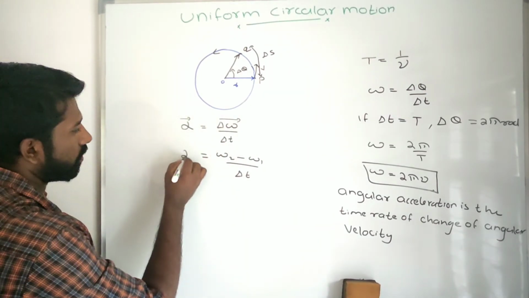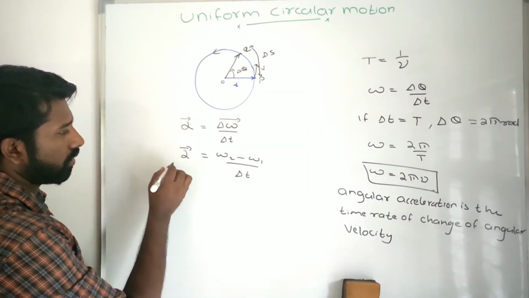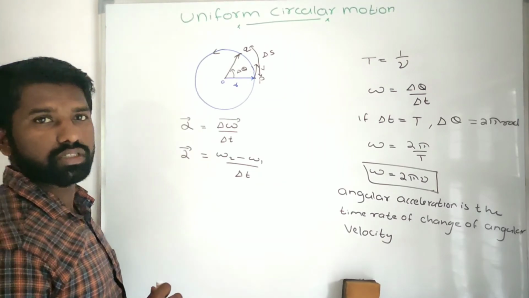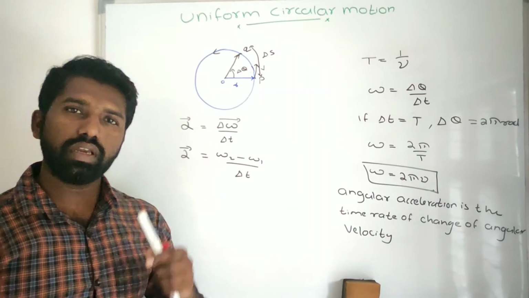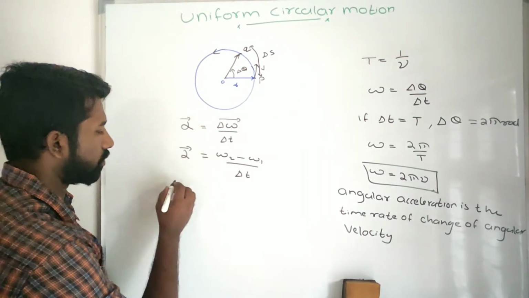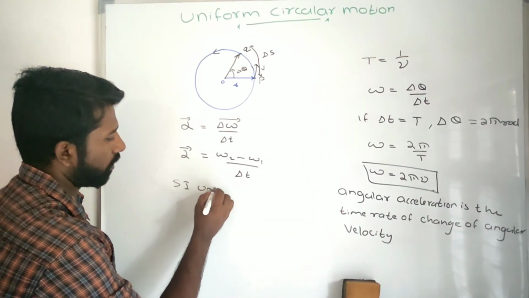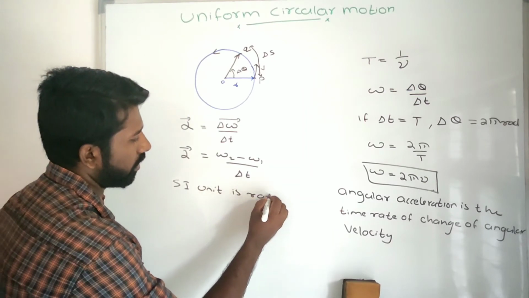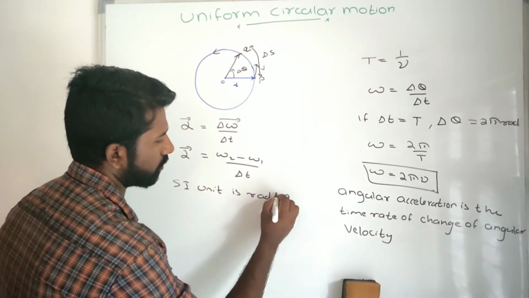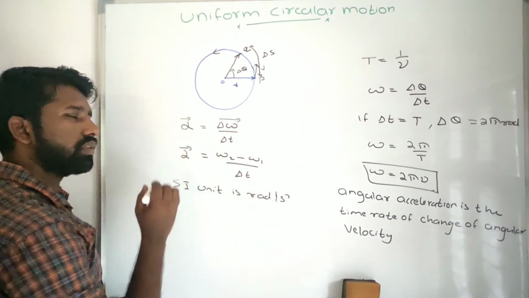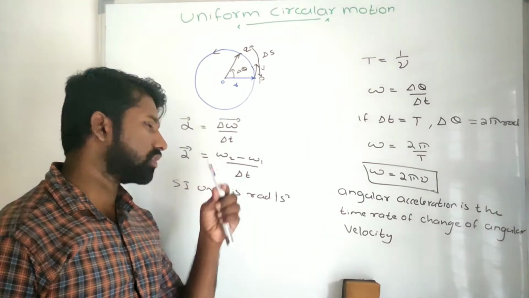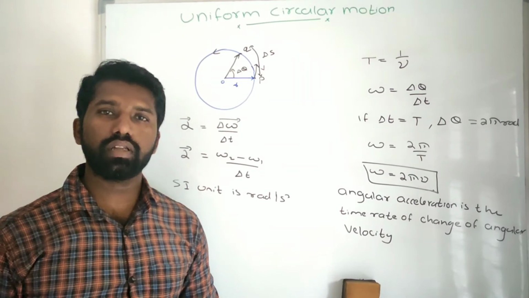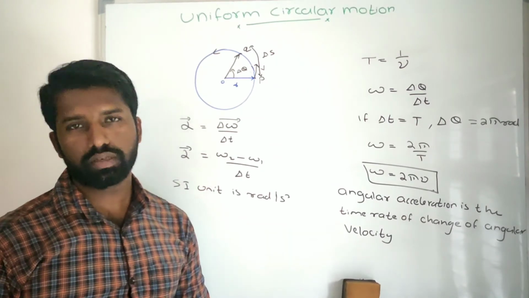Then what about the direction of angular acceleration? The angular acceleration direction is the direction of the change in angular velocity. What about the SI unit? The SI unit is radian per second square. This is the angular acceleration in a particular interval, so we call it average angular acceleration.